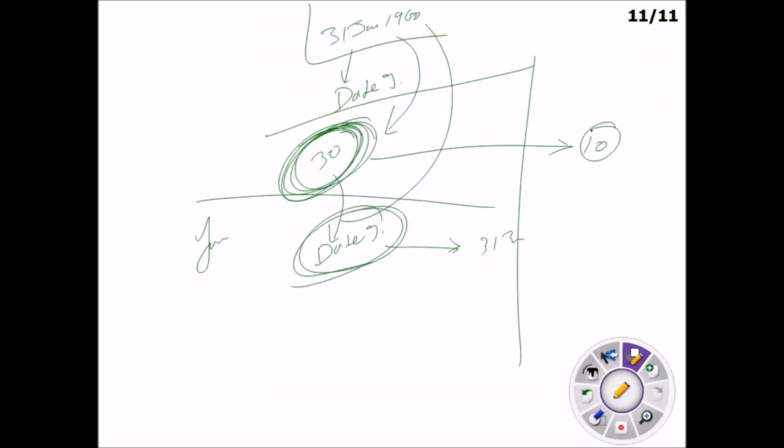Now it will count 10 days from 1st of Jan, so it will be 0, 1, 2, 3, 4, and take the 10th value. What would be the 10th value? 11 Jan. Yes, 11. So 0 means 1st of Jan, 1 means 2nd Jan. That's why 10 means 11 Jan. That's it. Alright.